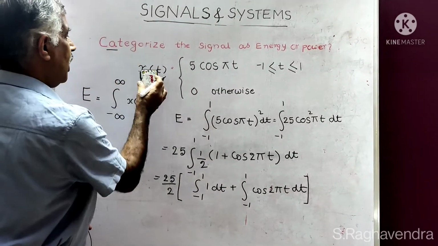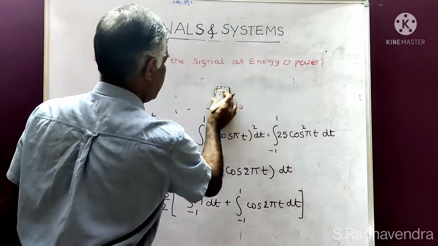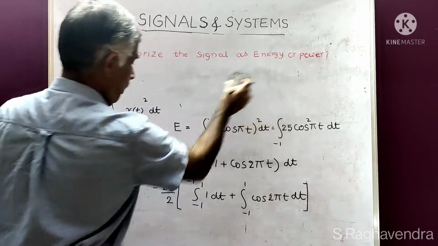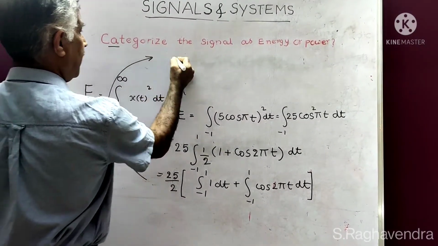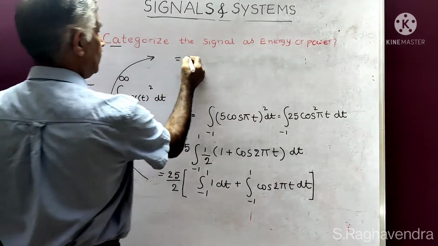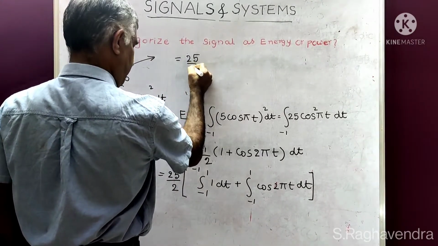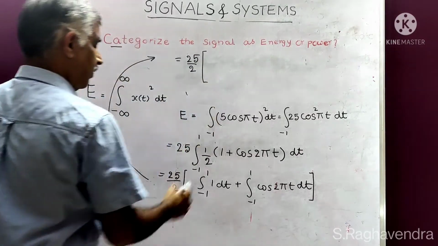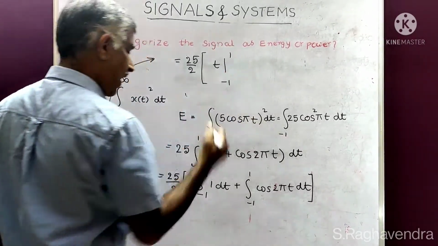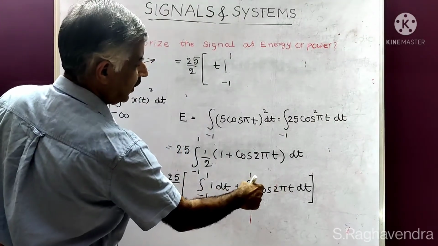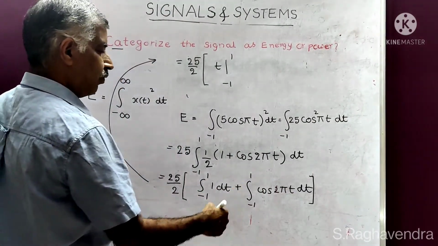Next, undoing integration, we get 25 by 2 times t between -1 and 1. Next, integration of cos 2 pi t is 1 by 2 pi sin 2 pi t.